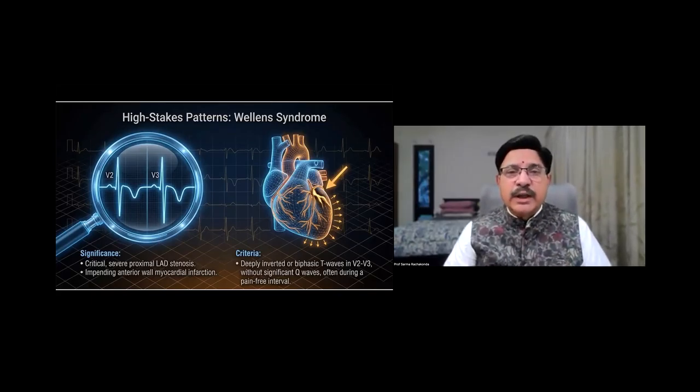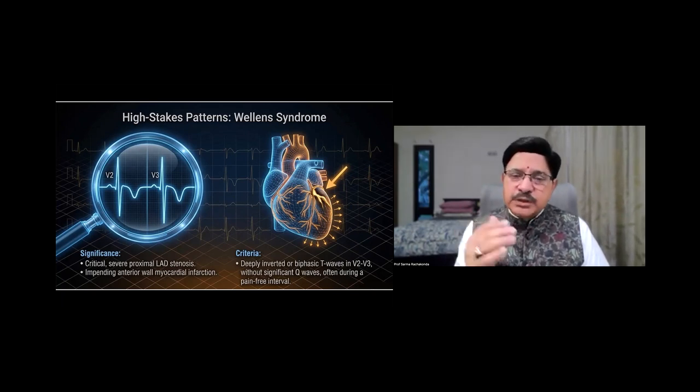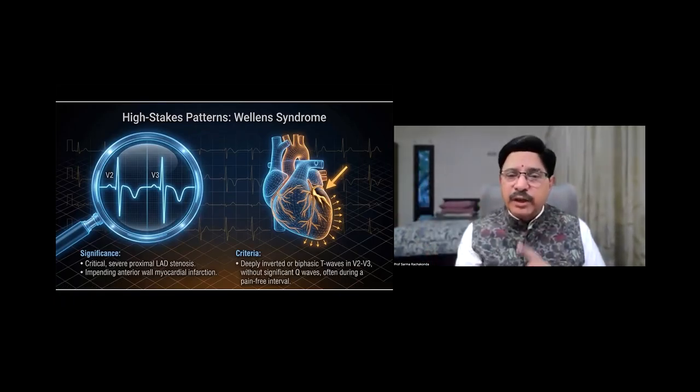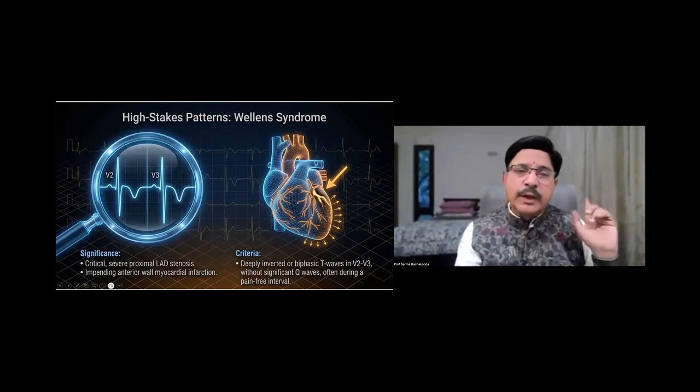This is a high-stake pattern, Wellens syndrome: symmetric, cup-shaped, deep T inversion or biphasic Ts in V2, V3, in the absence of Q waves and in the absence of ST segment elevation. This one tells me that the proximal LAD is shut off, is completely closed. I cannot but take him to the cath lab.